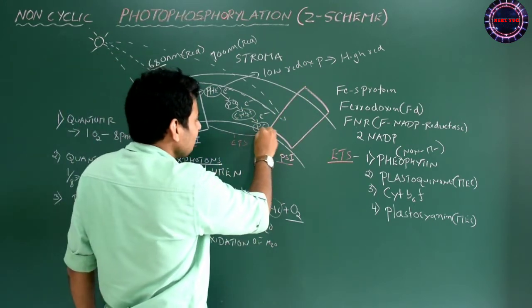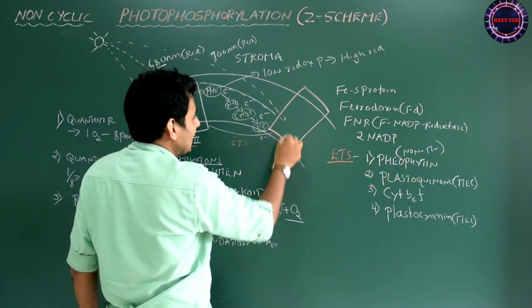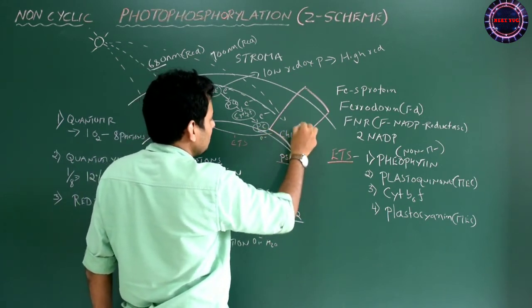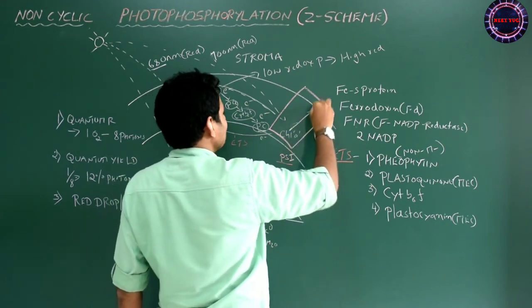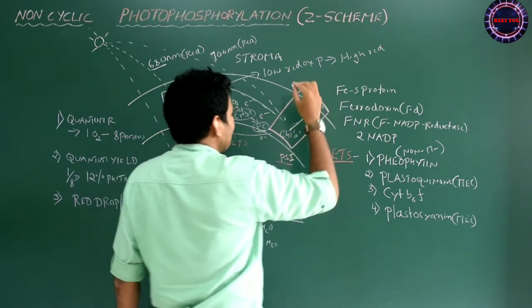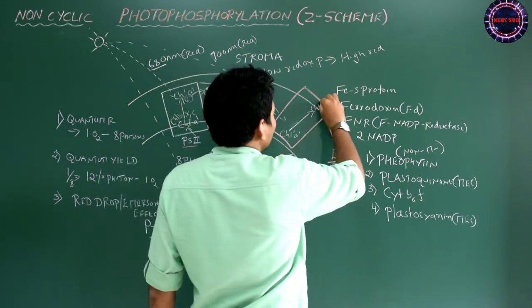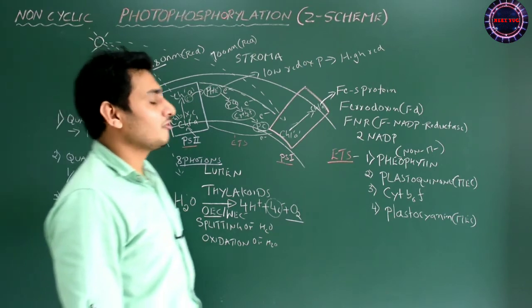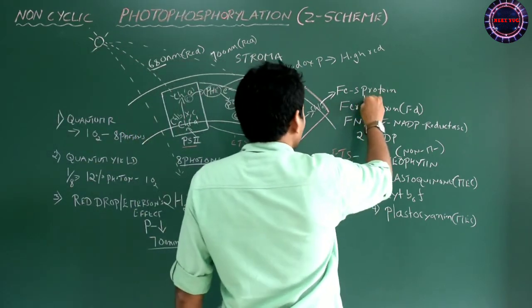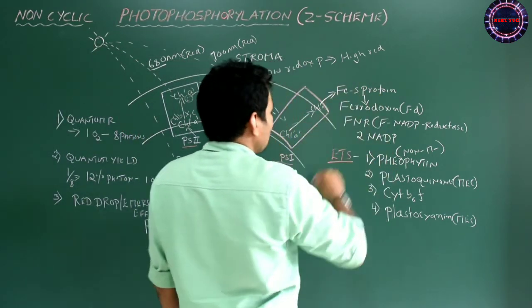Okay. Once the PC receives the electrons, they are accepted by the chlorophyll A of the PS1. It gets excited, and then these electrons are accepted by the FeS protein, that is the iron sulfur protein. Then they will be accepted by the ferredoxin.